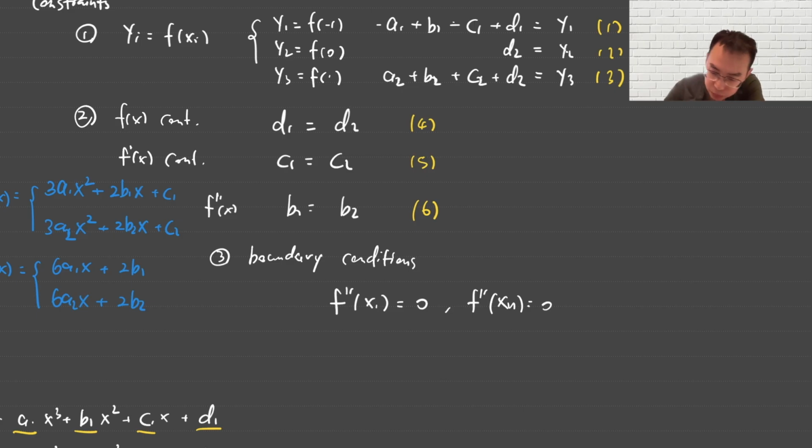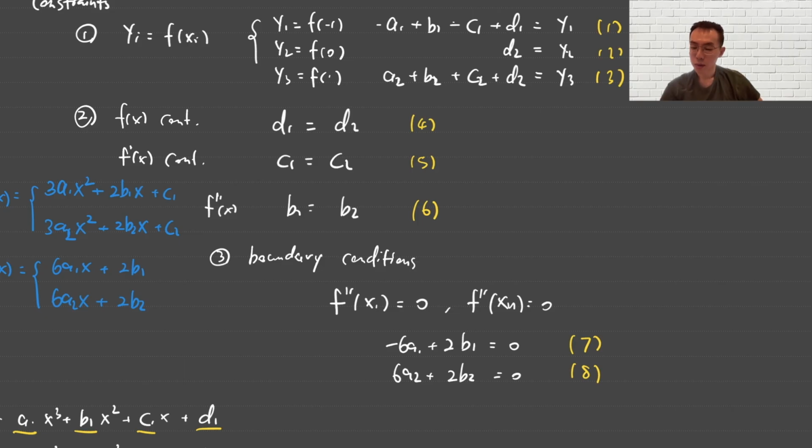We plug in -1 here, and it gives minus 6a1 plus 2b1 equals 0, and 6a2 plus 2b2 equals 0. That's going to be our last 2 constraints.